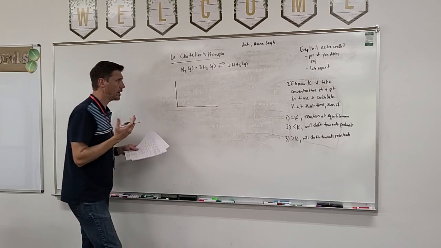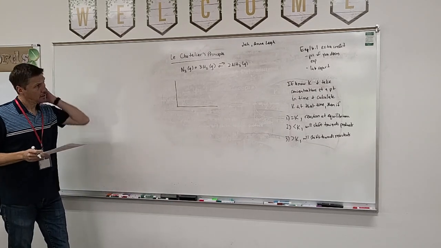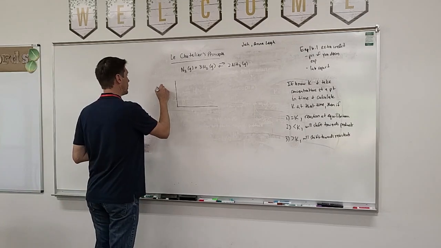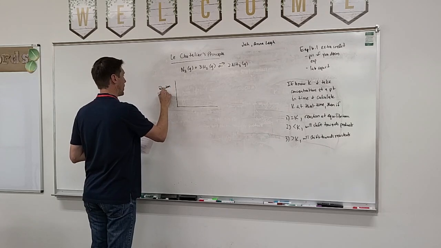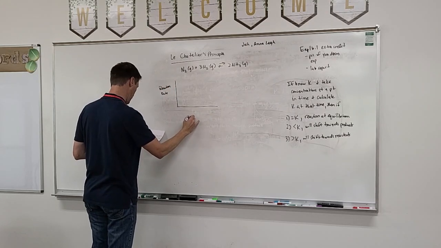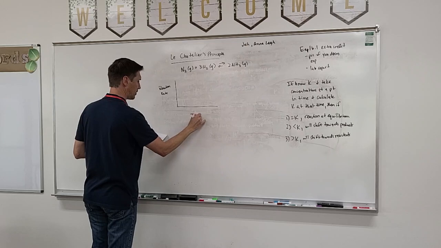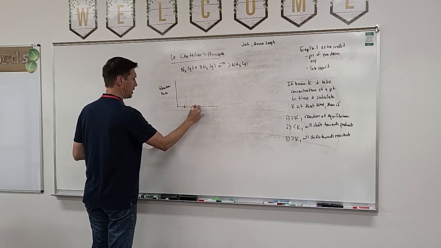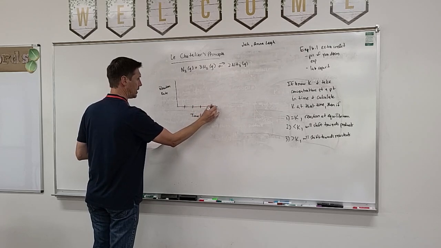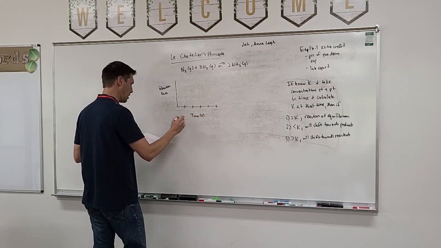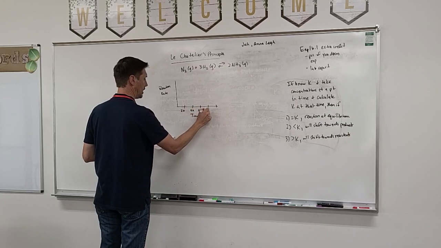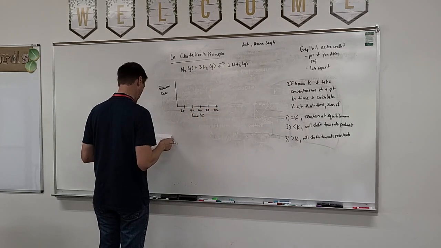All right, so this reaction starts, we don't have any product and we've got only reactants. And so it starts, and here's our reaction rate, like that first graph we wrote on the board. Here's our time in seconds. And we say 20, 40, 60, 80, 100. So 20 seconds, 40 seconds, 60 seconds, 80 seconds, 100 seconds.